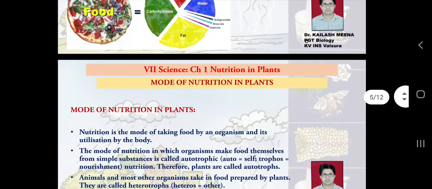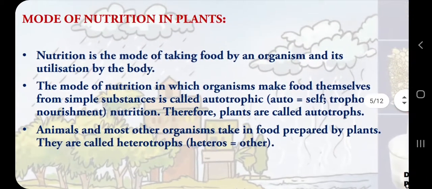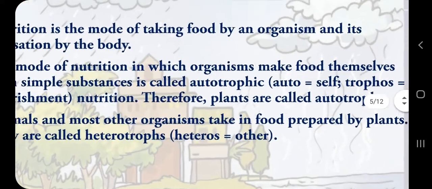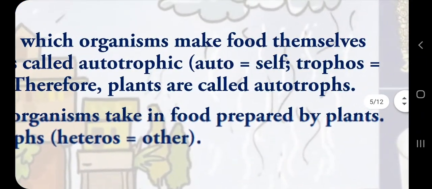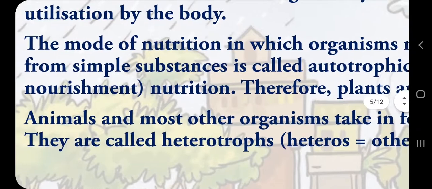So let's start our chapter, mode of nutrition in plants. Mode of nutrition in organisms can be seen of two types: autotrophic nutrition and heterotrophic nutrition. Autotrophic, this word contains two parts. Auto means self and trophos means nourishment.